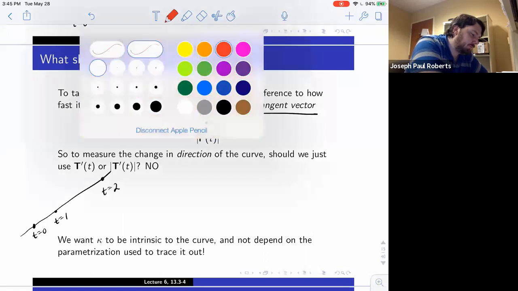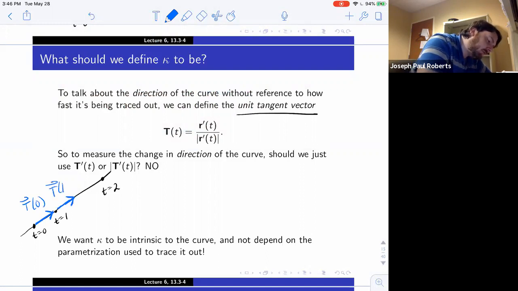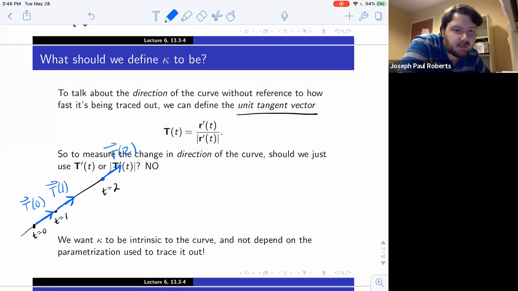I'll use a different color than red. So this should be T of 0. But then T of 1, no matter what, these T's are all unit vectors, so they can't get longer. T of 2 is length 1, T of 1 is length 1, T of 0 is length 1.